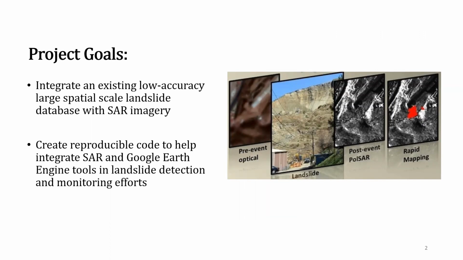So we took that database and compared it to Sentinel-1 synthetic aperture radar data holdings inside of Google Earth Engine. The second project goal is to create reproducible code to integrate SAR and the Google Earth Engine and the power of that compute with the landslide detection and monitoring efforts of the Global Landslide Catalog.